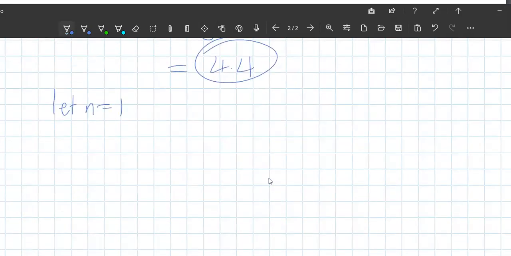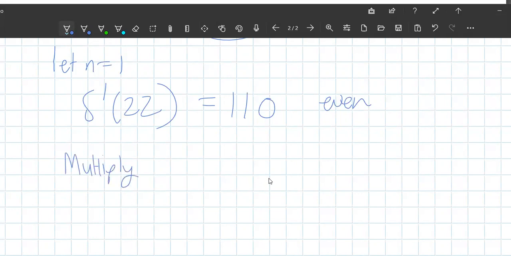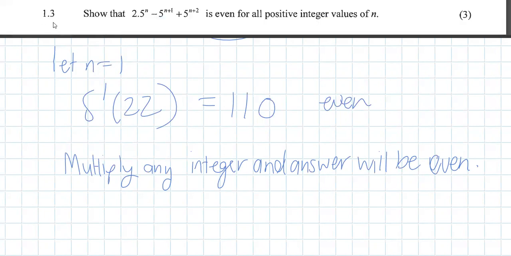It'll be 5 to the power of 1 times 22. So it's just 5 times 22, which is 110, which is also even. From this, I can deduce that if I multiply any integer, the answer will be even. And that's what that was required to prove for question 1.3.